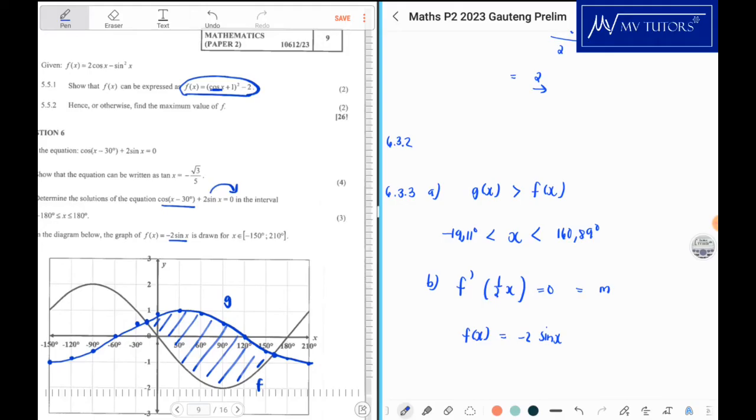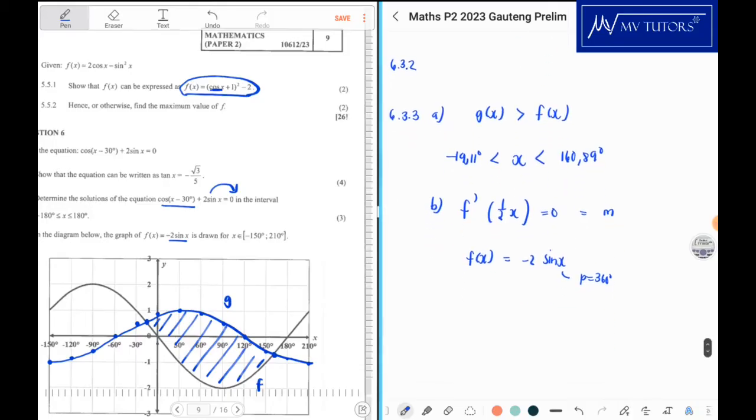And the period here, the coefficient of x is 1, meaning the period is 360. So the period is 360, but now what we're doing, we're putting half in front of the x, okay?